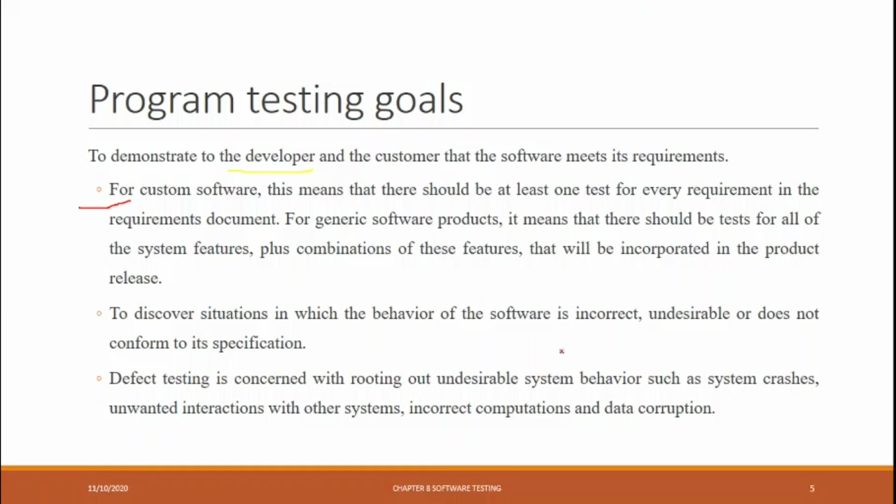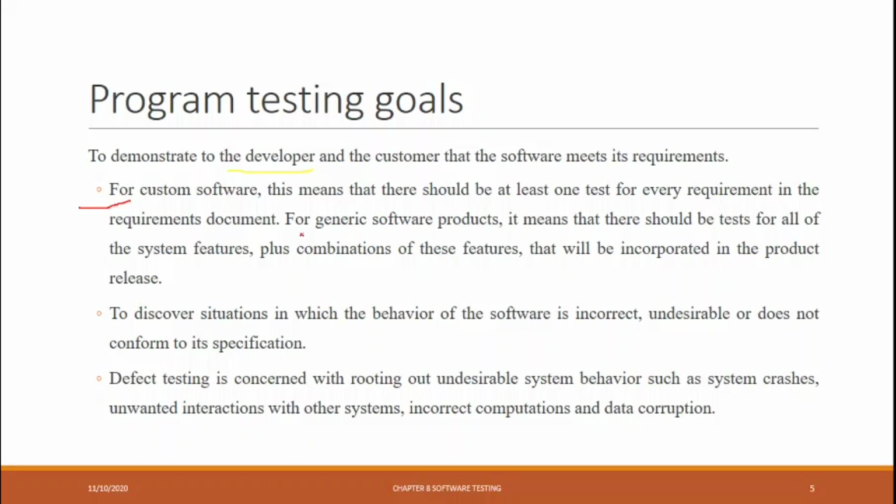One is that for custom software there should be at least one test for every requirement in the requirements document. For example, if you have 4 stages of a software that you design, in each stage there should be at least one test as per the customer requirement.